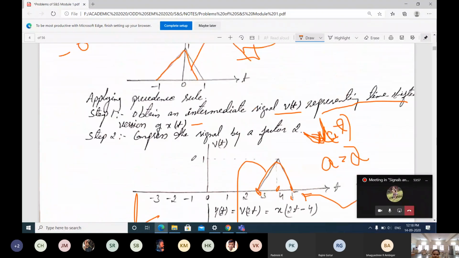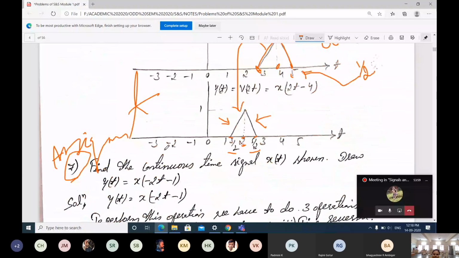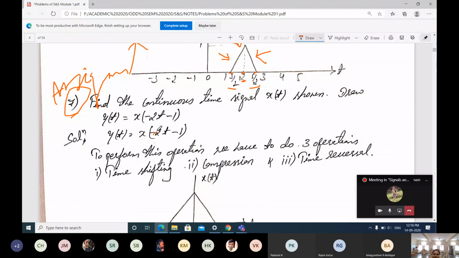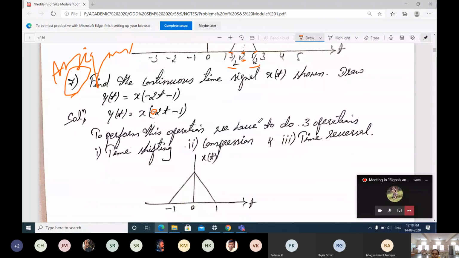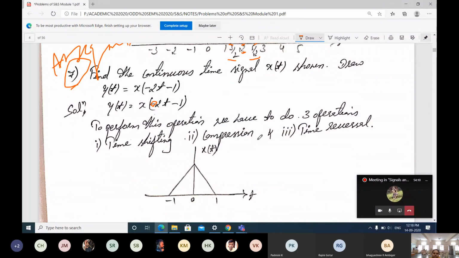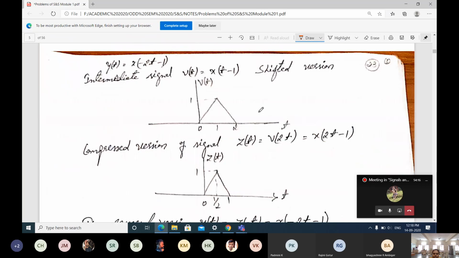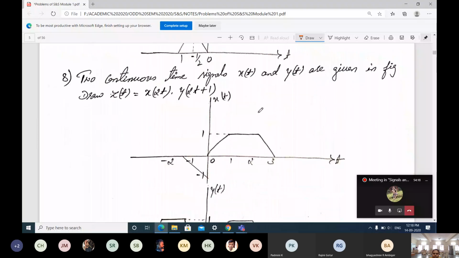The same function as what we did here, but the only change is that there is a minus here. Once you try this problem, if you understood, it's well and good. If you did not understand, tomorrow I will explain this one more time. Today we'll stop here. Try that problem, don't skip it.